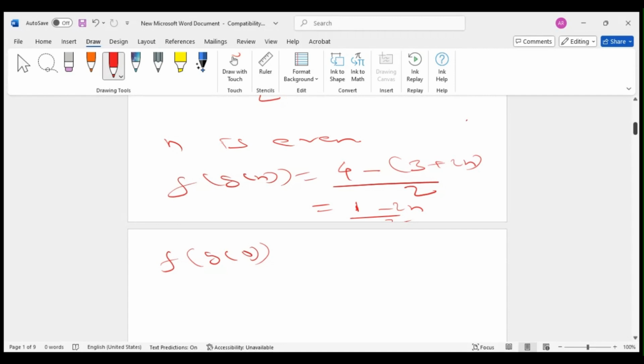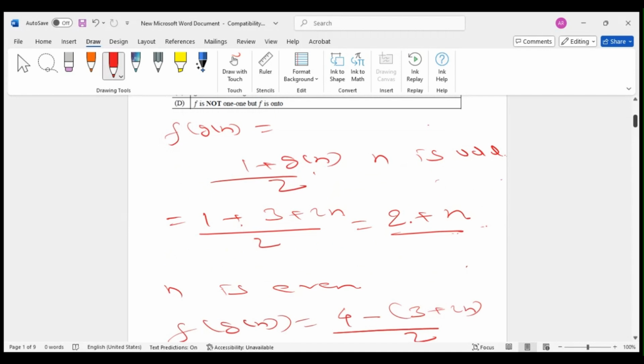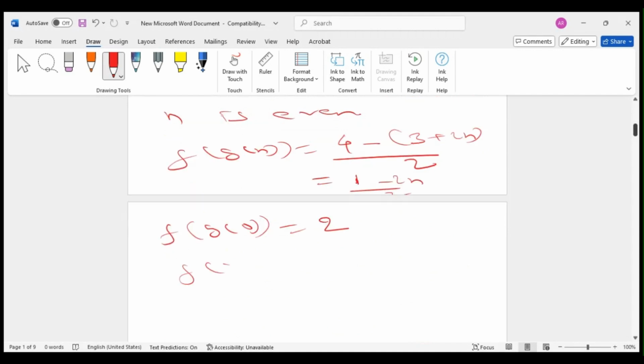For g of 0, we will get two values. On putting 0 in this equation we get 2, and in this equation, 1 minus 2n by 2, the function g of 0 equals half.